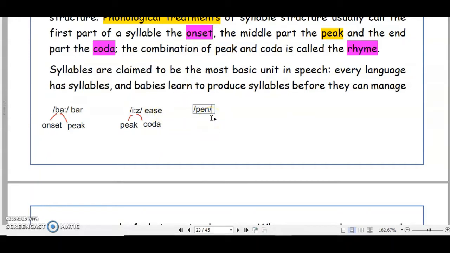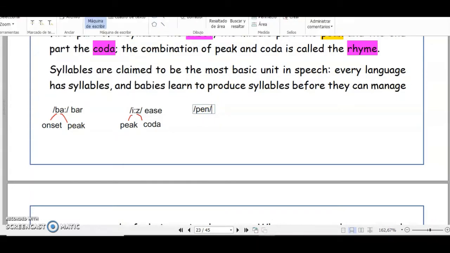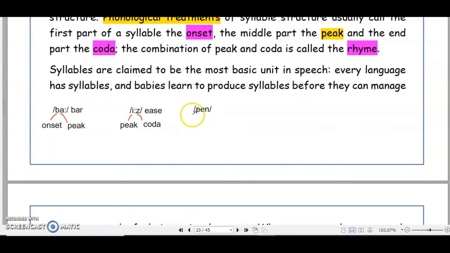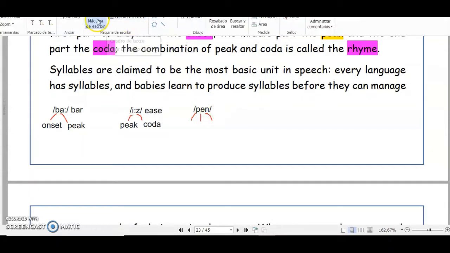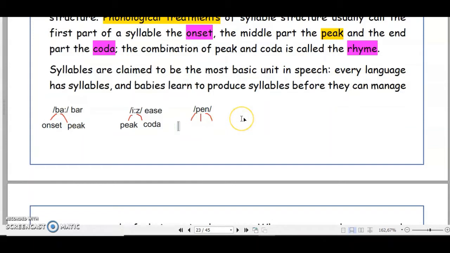So let me mark the components, the structure that you have here. You have three elements, okay? The P is the onset, the E is the peak, and the N is the coda. Peak and coda, the combination of both, is called the rhyme, okay?